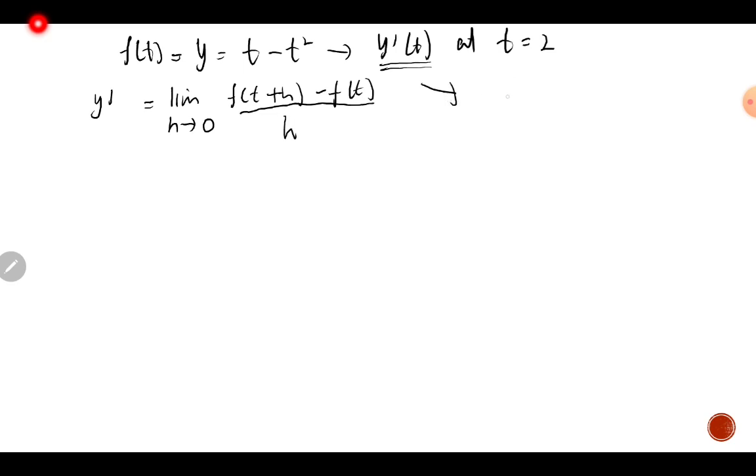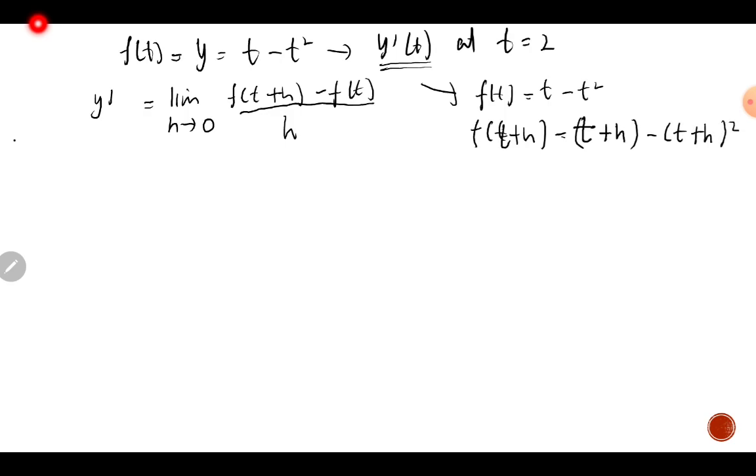Okay, so sekarang kita ada f(t), our f(t) is equals to t minus t square, betul? Okay, so our f(t plus h) is equals to apa? Kita macam saya cakap sebelum ni, every t you jumpa you gantikan dengan t plus h. So we have t plus h minus with t plus h also square.